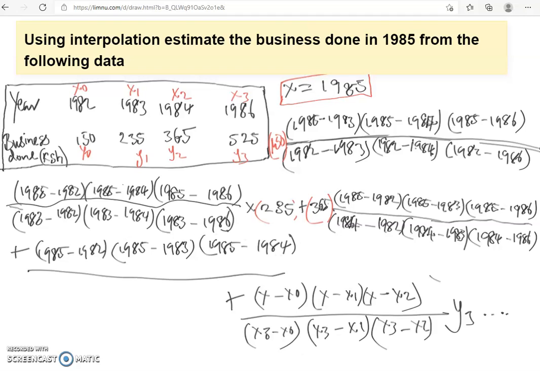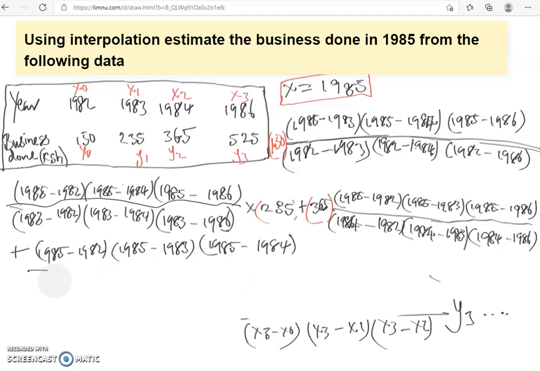Divide this by, let's get rid of this so that we make it look nice.